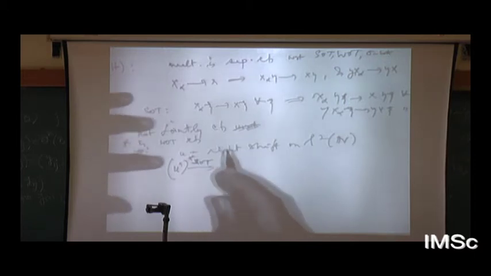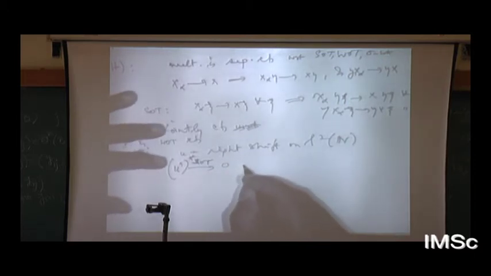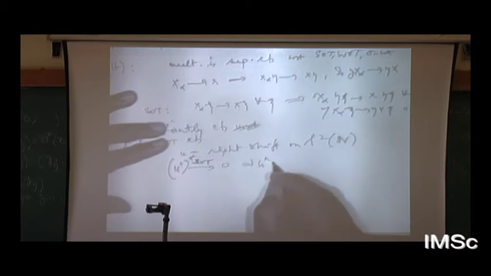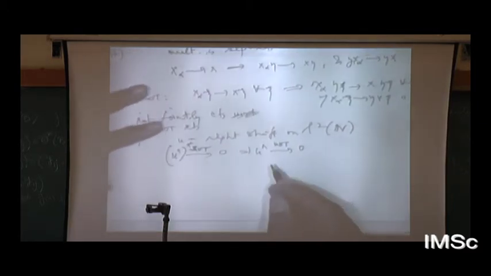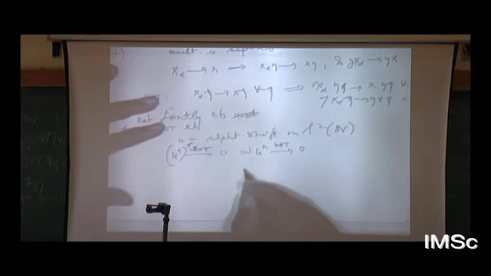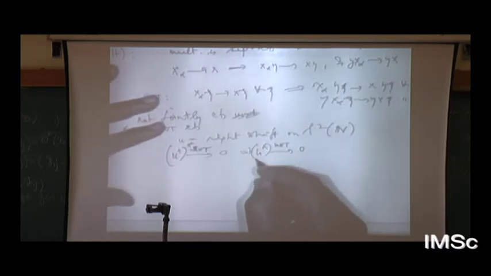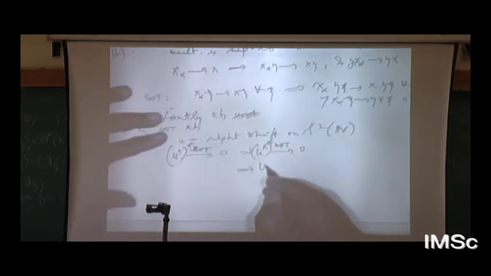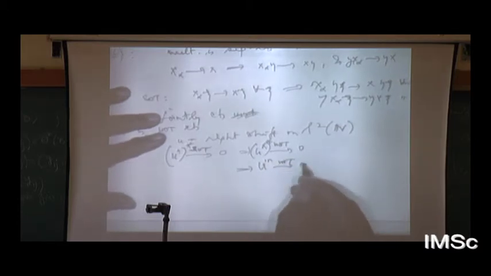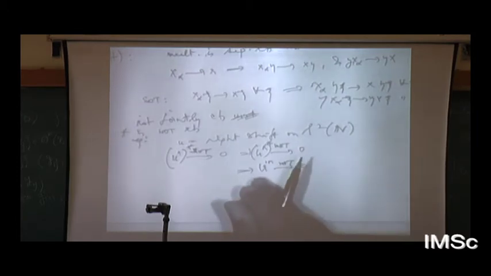So that must converge to 0. So u to the n star converges SOT to 0, and hence u to the n also converges WOT to 0, because the adjoint is continuous in the weak operator topology.